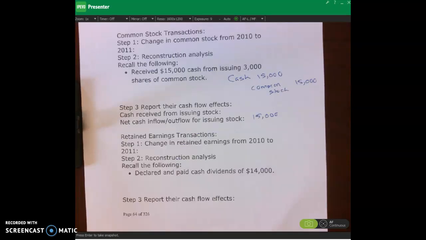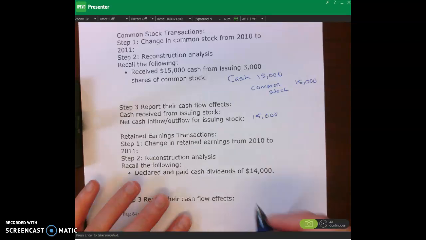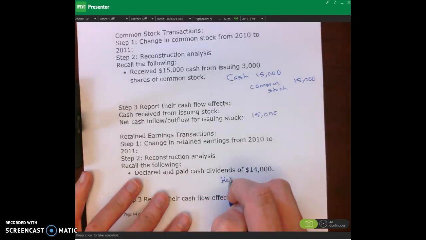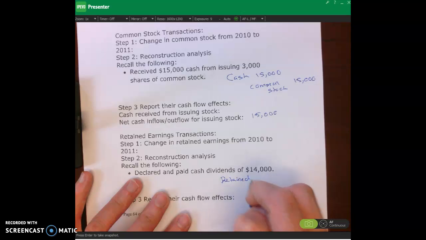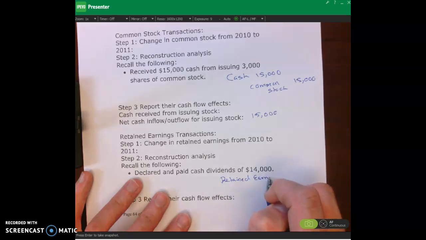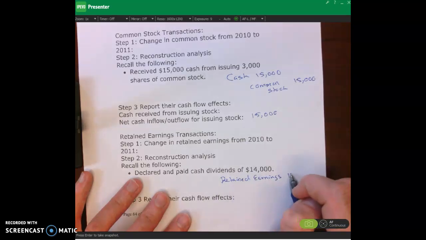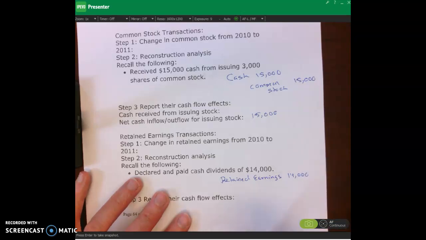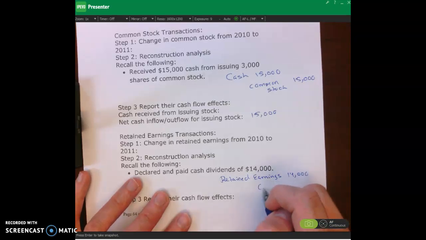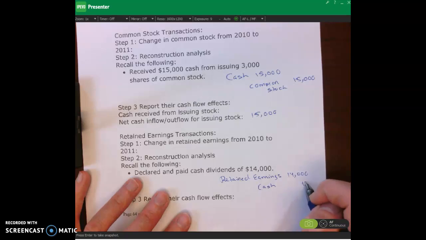Hello and welcome back. We have our final transaction that we need to deal with, where we said we declared and paid cash dividends of $14,000. And the journal entry to do that is debit retained earnings $14,000, and then credit cash for $14,000.